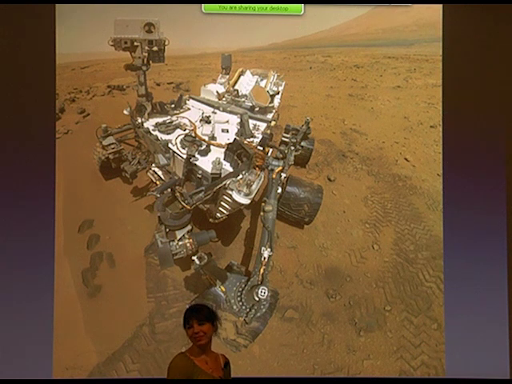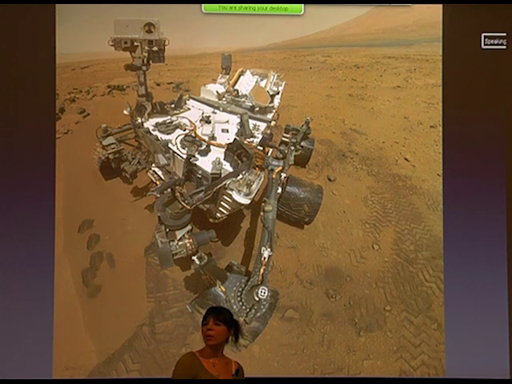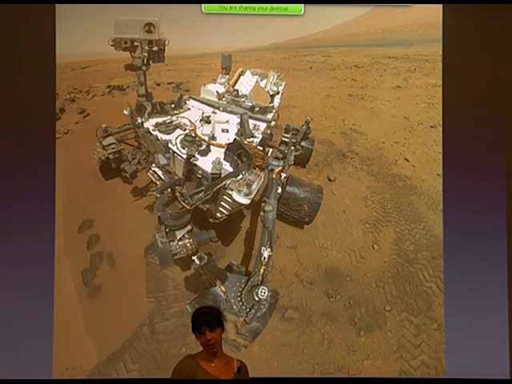Go ahead. At the overall vehicle system high level, how do you manage the timelines? Do you have like a scripting language or a scripting engine on board that you upload timelines to on a regular basis? No. What do you mean timelines that do what? Daily service operations. Sequences. Yes, we upload sequences to the rover, and those sequences are what accomplish what the rover is going to do on a daily basis.